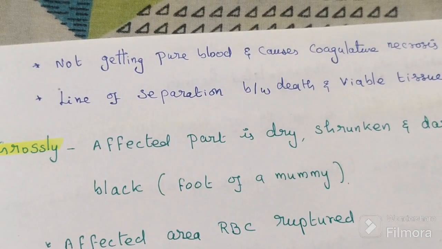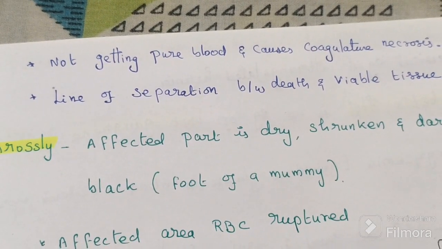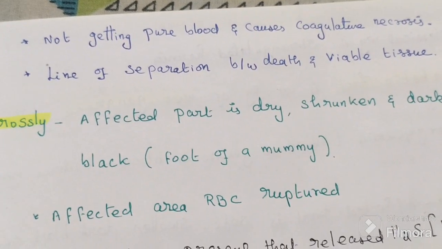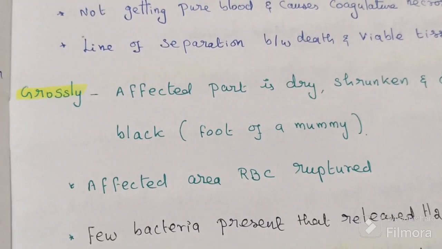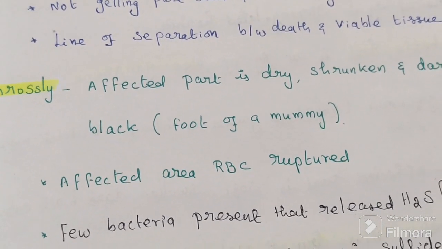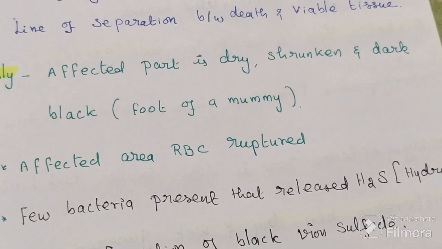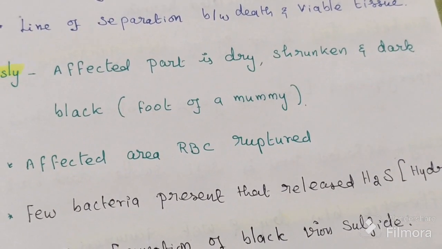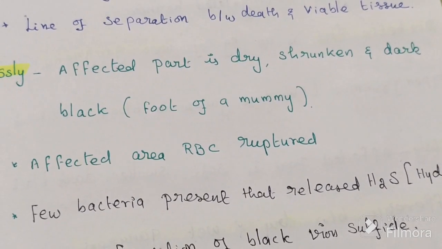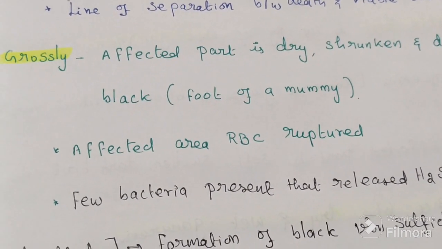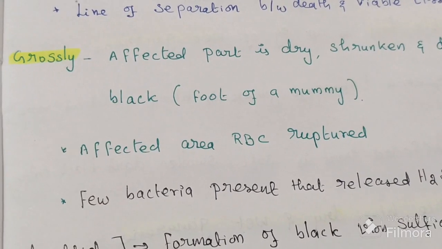It is a type of coagulative necrosis due to blockage of an artery. Grossly, the affected part is dry, shrunken, and dark black, resembling the foot of a mummy. What is the reason for the black color?